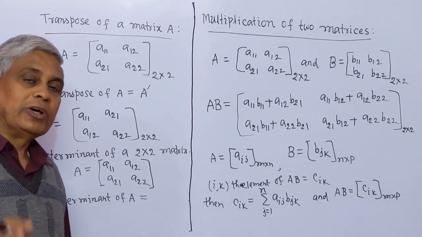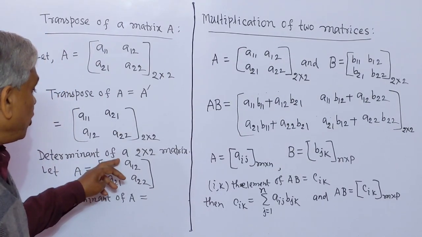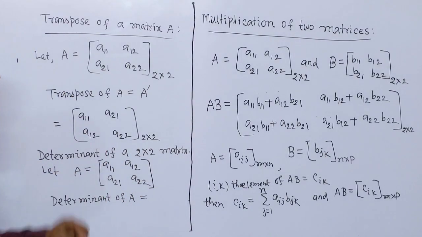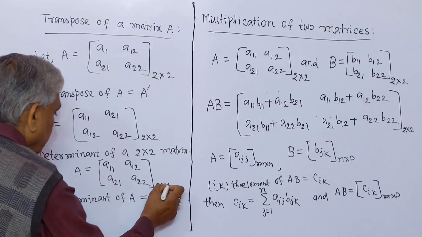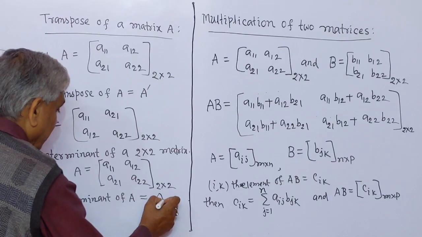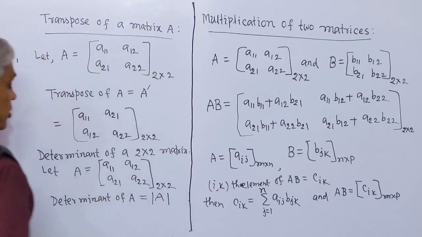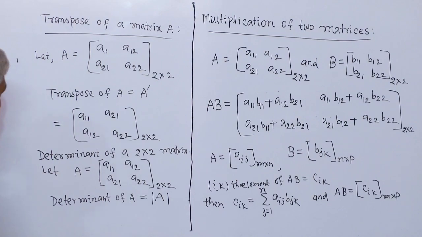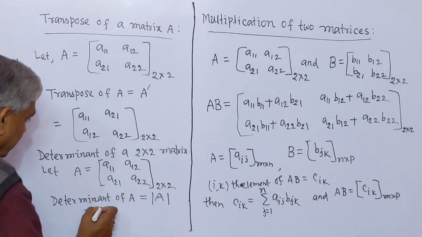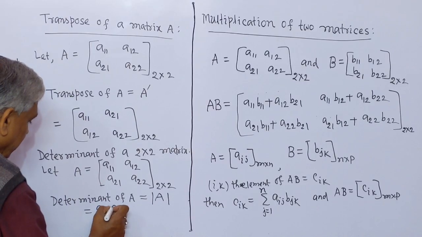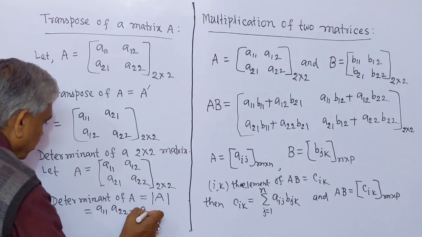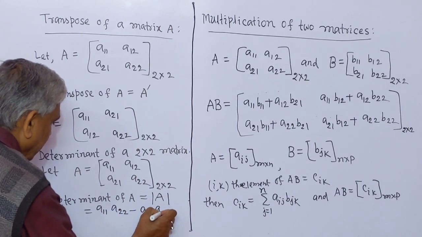Now, I will give you the concept of the determinant of a 2 by 2 matrix. Let A be a 2 by 2 matrix. The determinant of A is denoted like this, and it equals: we multiply this diagonal, A11 A22, minus A12 multiply A21.